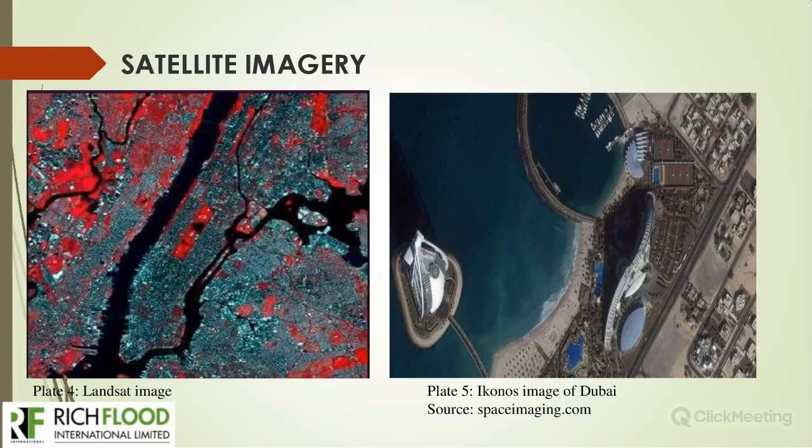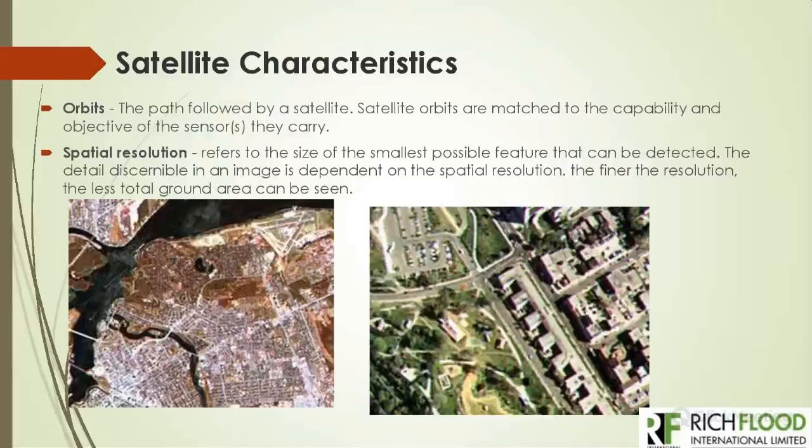So the phenomenon you are trying to study, for instance vegetation, would determine whether you go for the Landsat imagery to study this natural phenomenon instead of the Ikonos, which is also more expensive compared to the Landsat imagery.